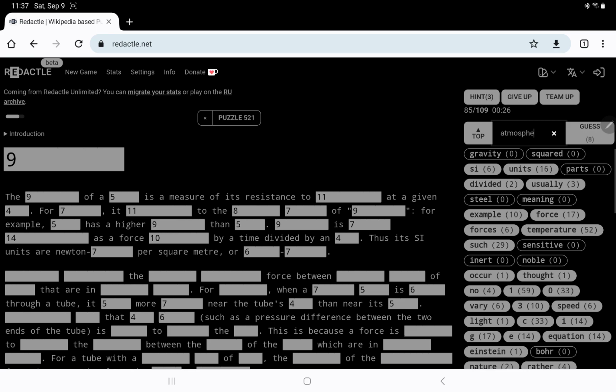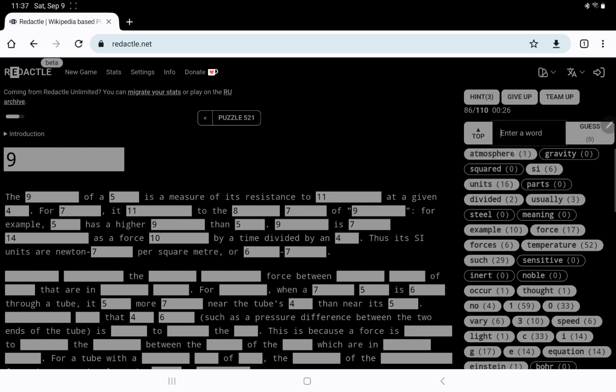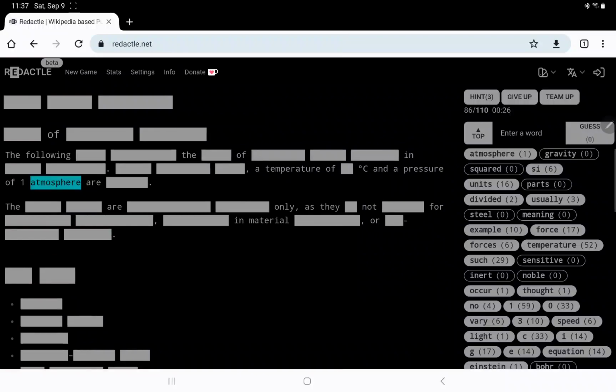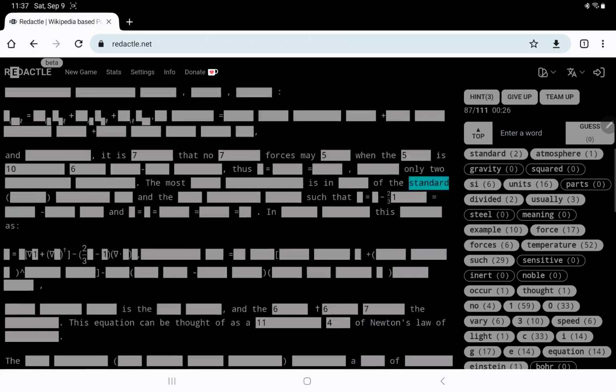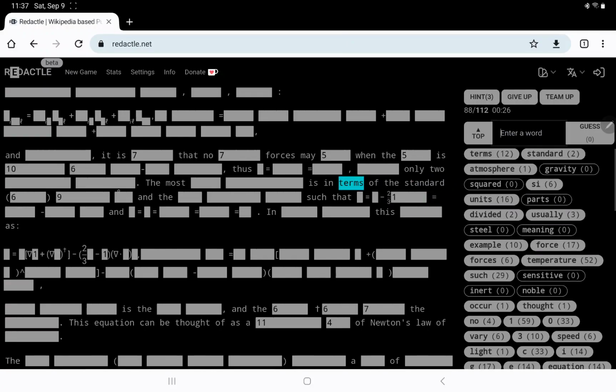How about atmosphere? And a pressure of 1 atmosphere or something. Or standard, no, that's 8, is in terms of the standard 6, 9, 1, 2, and the 4, 9, oh, there we have 1, 5.